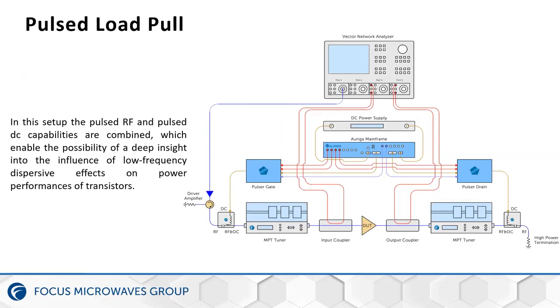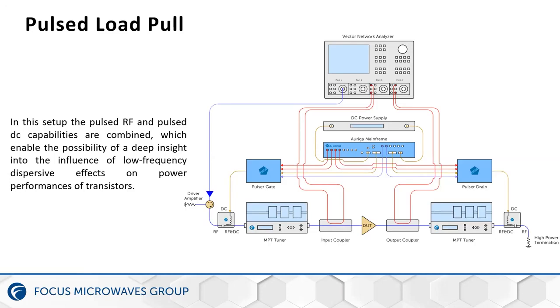There, pulse signals, both pulse DC and pulse RF, play a very important role. With these pulse signals, the device can be operated at higher peak levels, and we can control the temperature much better.